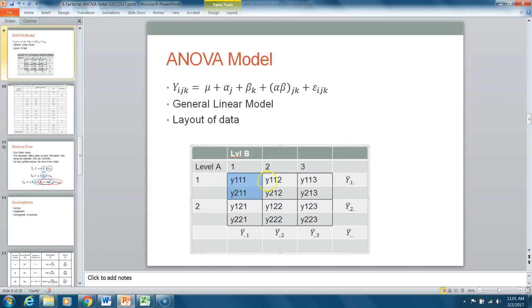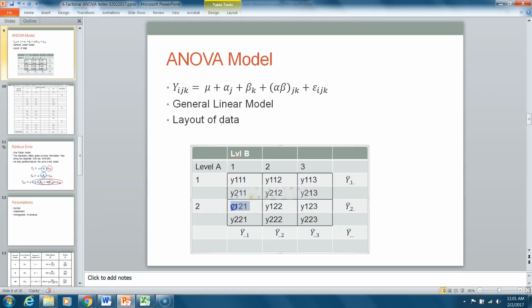And now we can go across A1 into B2, and we can see there are people in there too. Y111 just represents Y, person 1 in category JK, basically this is person 1 and person 2 in A level 1, B level 1.